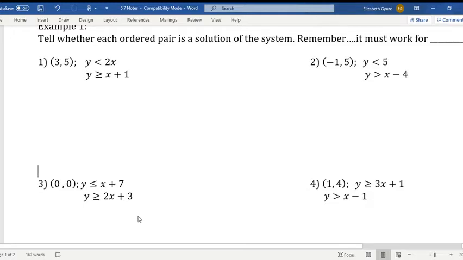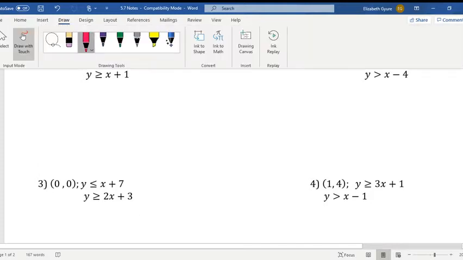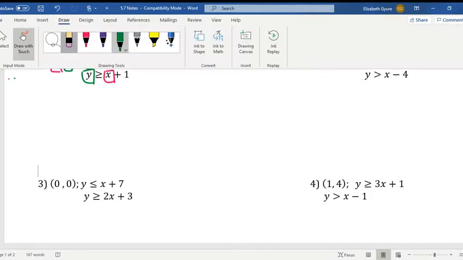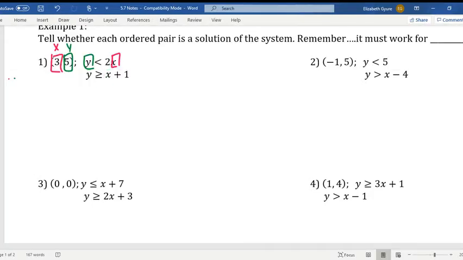So we're going to plug this in. Remember, we need to put the x, which is our 3, where we see x's, and we're going to put the y, which is 5, where we see our y's. We're just going to do one equation at a time, so I'll erase this bottom part so you guys don't get thrown off.